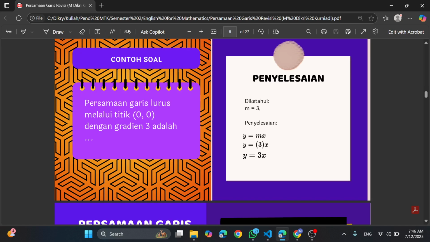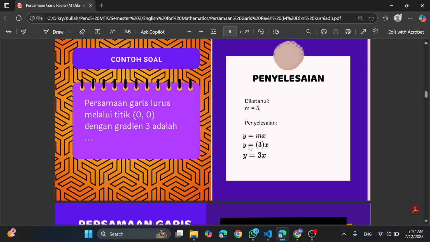This is the example question. The equation of a straight line passing through the point 0, 0 with a slope of 3. The solution: given that m equals 3, the solution y equals m times x.